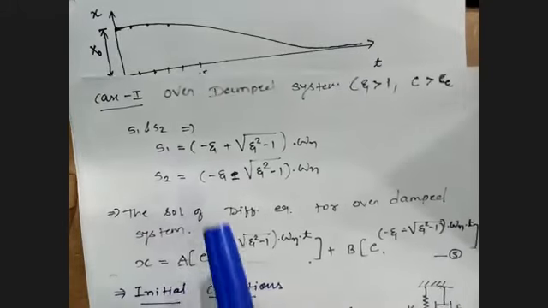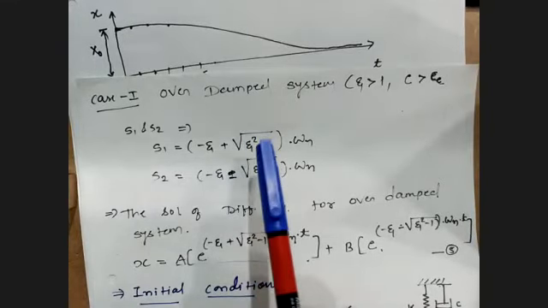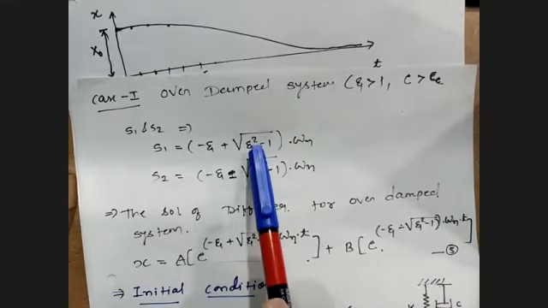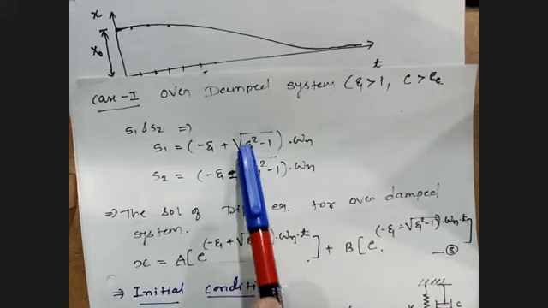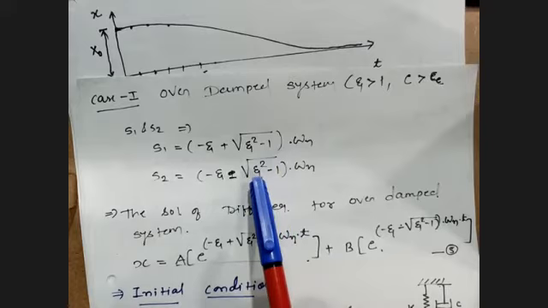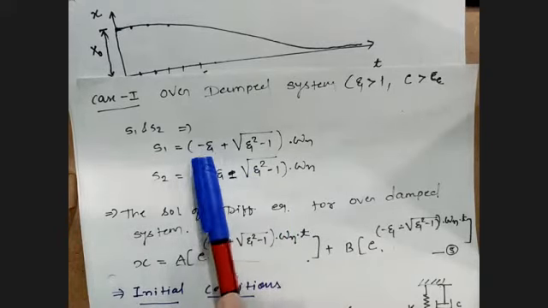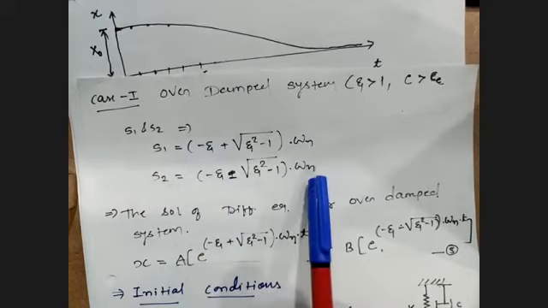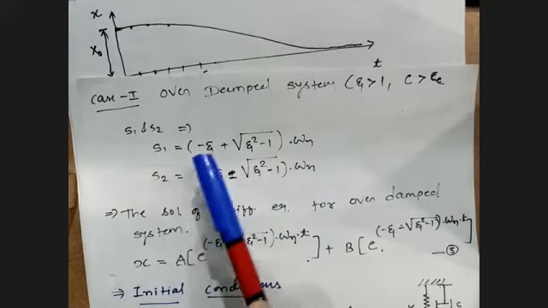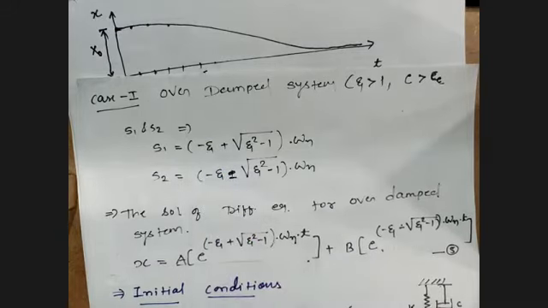If I keep zeta is equal to 1, zeta squared is 1 itself, 1 minus 1 is 0, so this term becomes 0. If I keep zeta equal to 1 in this term, it is also 0. And this is minus 1, it means minus omega n. So both of the roots are similar and have the same value, minus omega n.